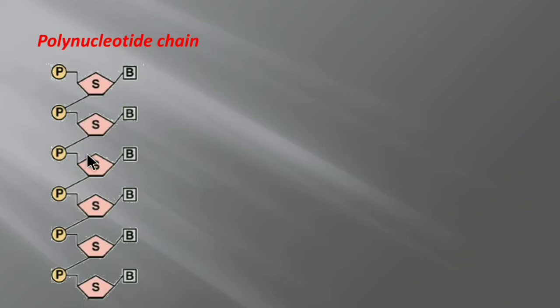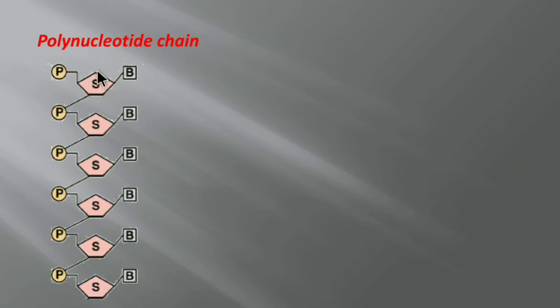At the other end, the 3' end of pentose sugar has free hydroxylic group. Here you find free hydroxylic group at 3' end of pentose sugar.